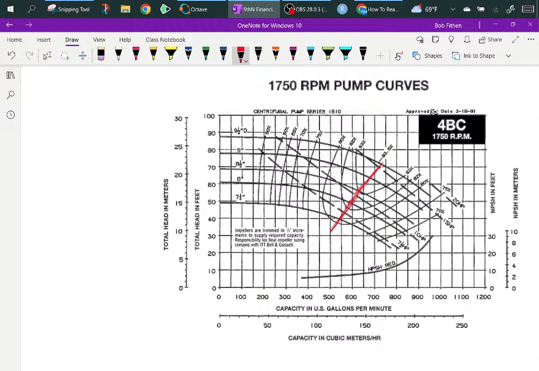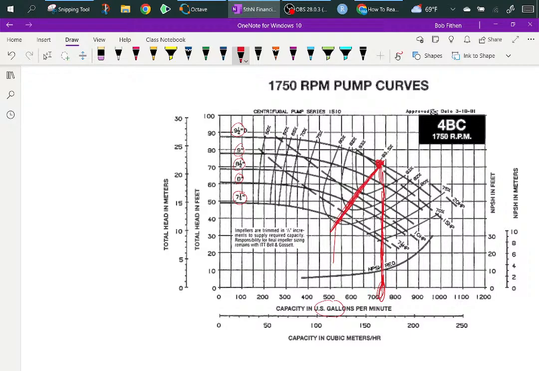And the fact that he didn't give anything past this kind of means that's where it should be. So these are the different diameters. I think that's 8, this is 8.5, 9. So if you want a 9-inch or 9.5-inch diameter pump, probably the best place to run it is, I can't really tell, maybe so many gallons per minute.